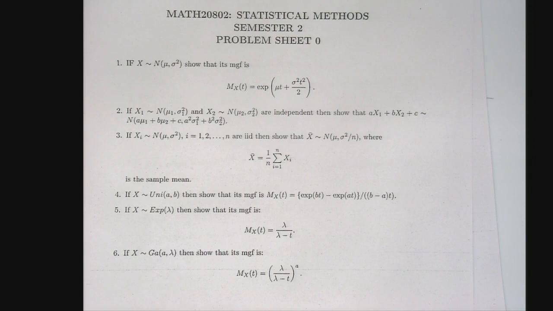Now to do questions like this, there are many ways you can do this, but one standard approach is the following. Just for the sake of notation, let me call this y.